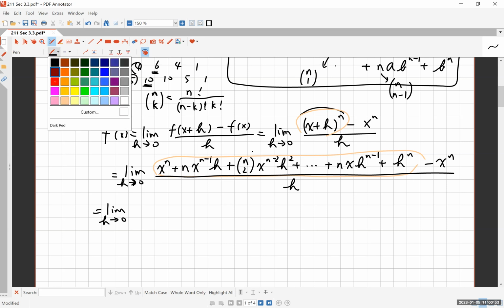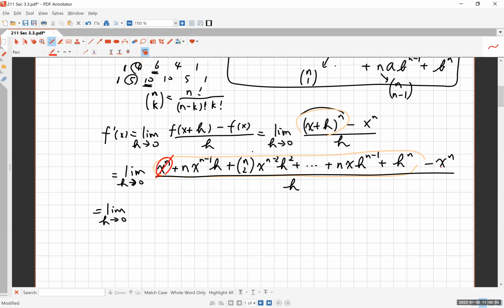Well, okay, notice here, x to the n gets canceled because you see that at the beginning and at the end. And what's interesting is you see this h here, the second one has h squared, the next one will have h cubed, and all of these terms left behind will have at least one h in it, which is great, right? Because you wanted to cancel that h in the denominator. So this is what happens.